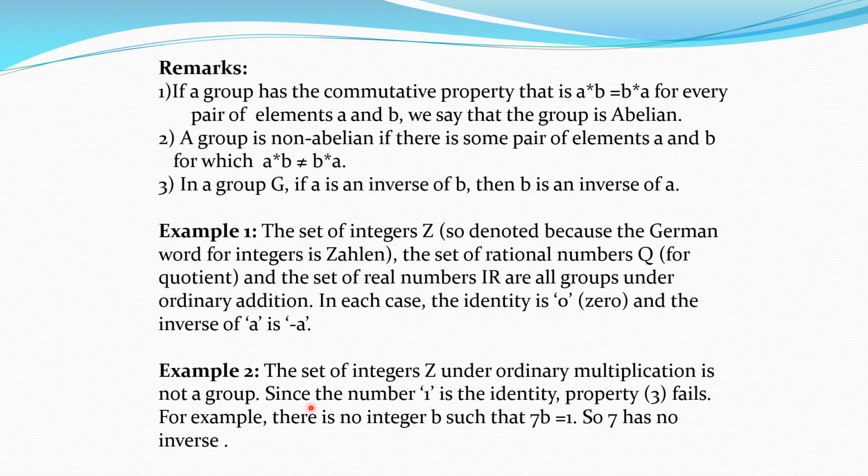For example, if we consider A equal to 7 and its inverse as B, then 7B must be 1. But then B will be 1 by 7, and 1 by 7 is not an integer. So inverse does not exist for every element of Z with respect to multiplication. So it is not a group.